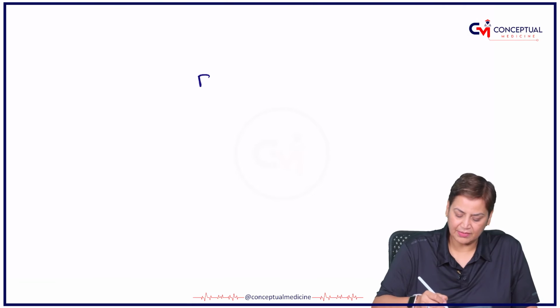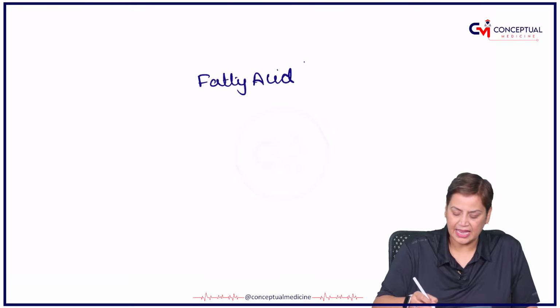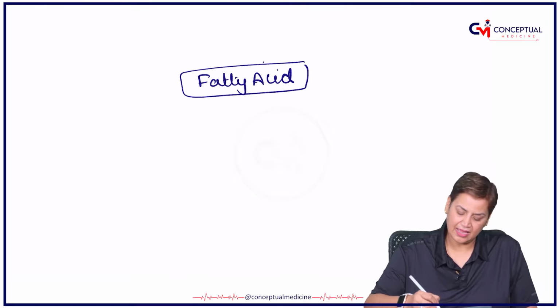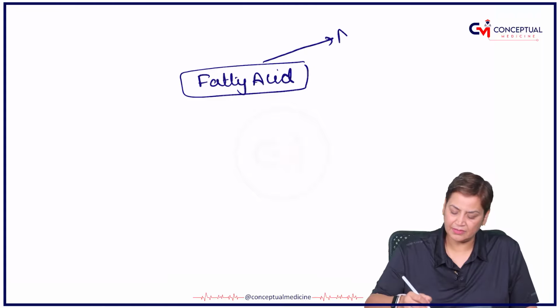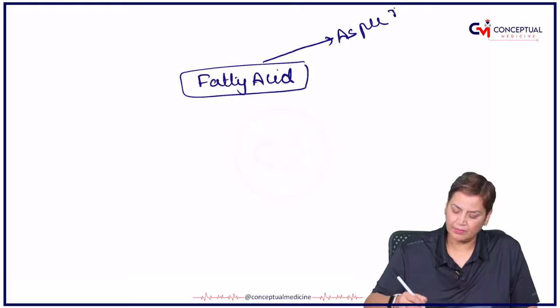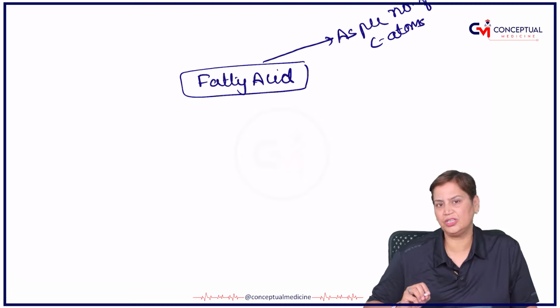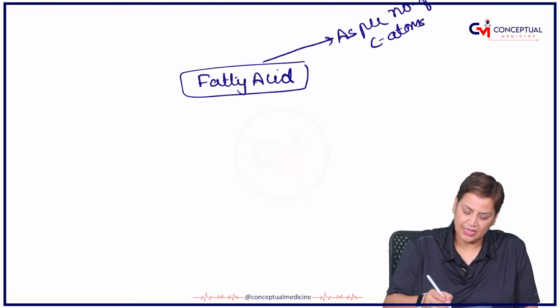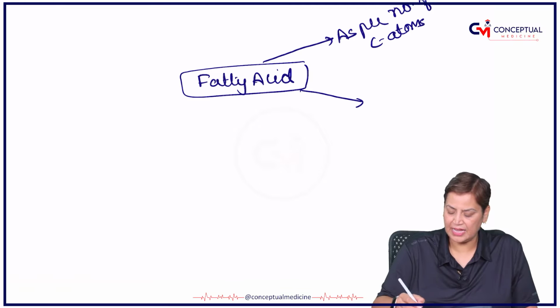So I can just summarize everything. These fatty acids can be classified as per the number of carbon atoms, SCFAs and all, because they play a very important role during digestion, absorption and assimilation. Then fatty acids can be classified as per nutritional requirement: essential, semi-essential and non-essential.